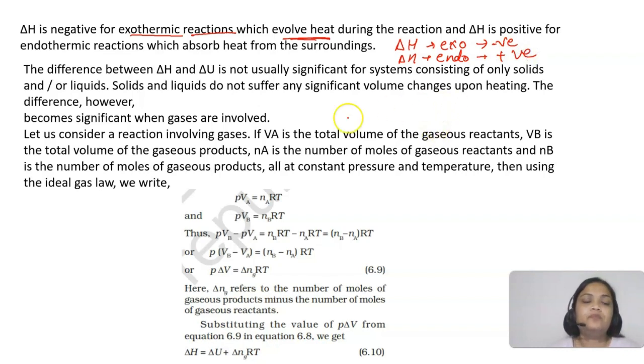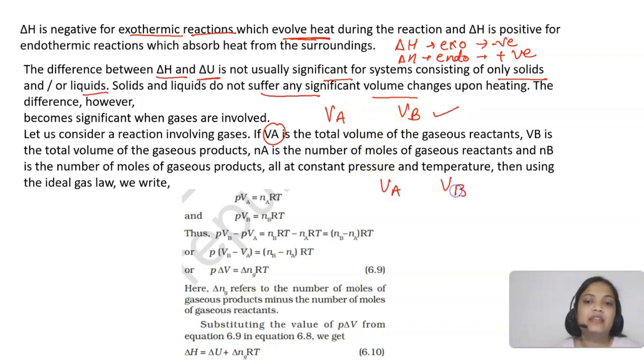Now the difference between delta H and delta U is not significant for systems of only solids or liquids, because solids and liquids do not have any significant volume change on heating. There will not be any significant delta V, but it becomes significant when we are talking about gases. So in terms of gases, you need to have an equation. Let's say I have a reaction involving gases, VA is the volume of the gaseous reactants and VB is the volume of the gaseous products.